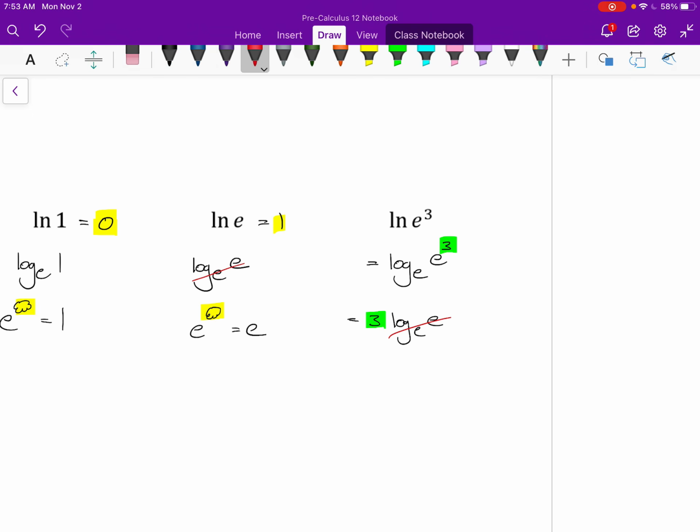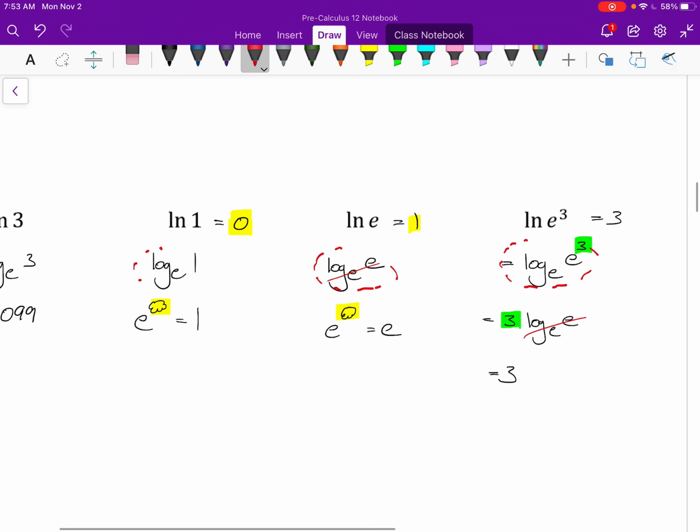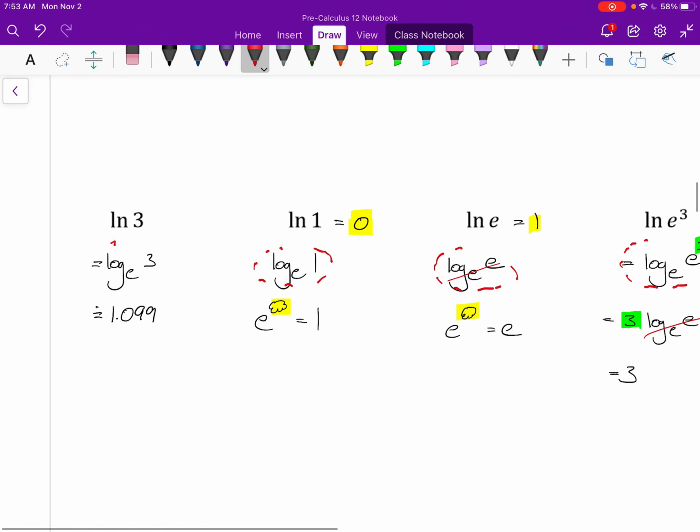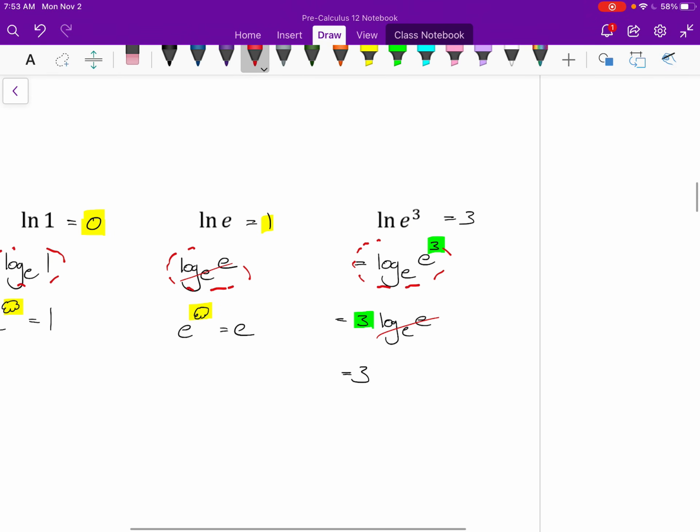And we've already seen how that cancels out and is the same as 1, so I know this must equal 3 without actually using a calculator. Ideally, sooner than later, we can bypass this sort of step. When we see a natural logarithm, we know it's the logarithm of base e, and we don't actually have to write it down every time. It's never a bad idea to write it down if you're unsure.